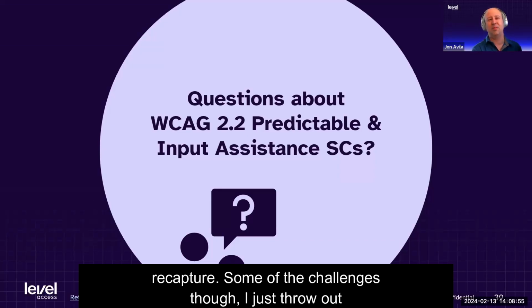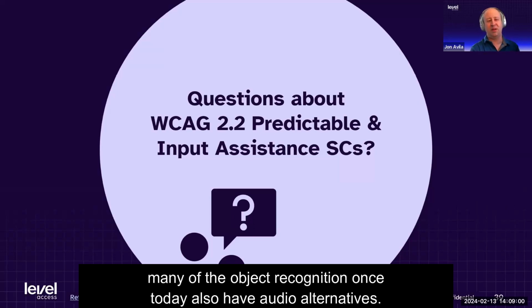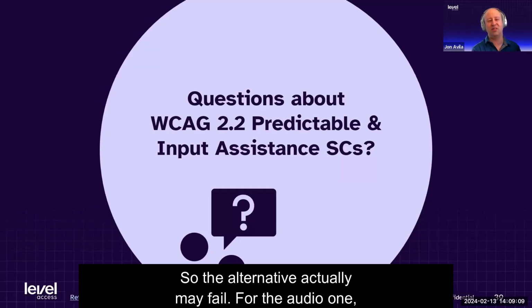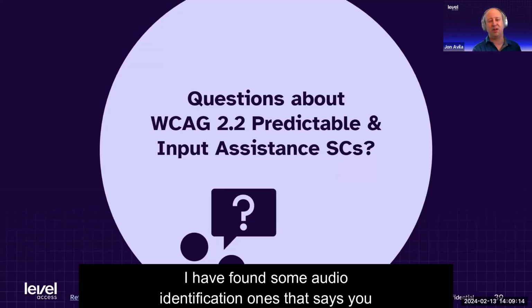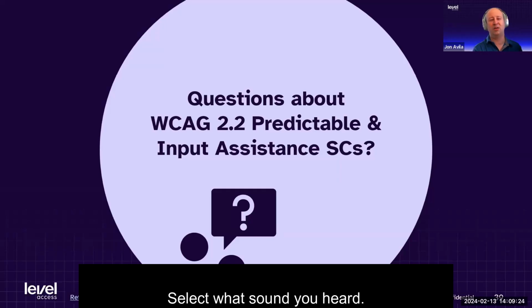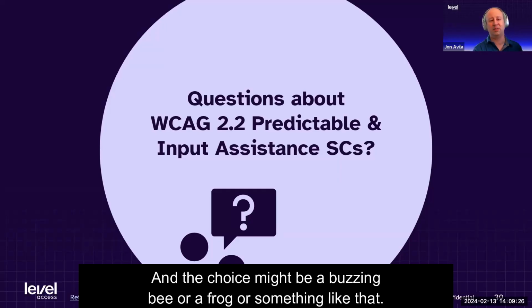Like with things like reCAPTCHA. Some of the challenges, though, I just throw out, many of the object recognition ones today also have audio alternatives, but a lot of the audio alternatives require transcription. So the alternative actually may fail for the audio one. I have found some audio identification ones that say, you listen to a sound, it may say it's a buzzing bee, and it says, select what sound you heard, and the choice might be a buzzing bee or a frog or something like that.